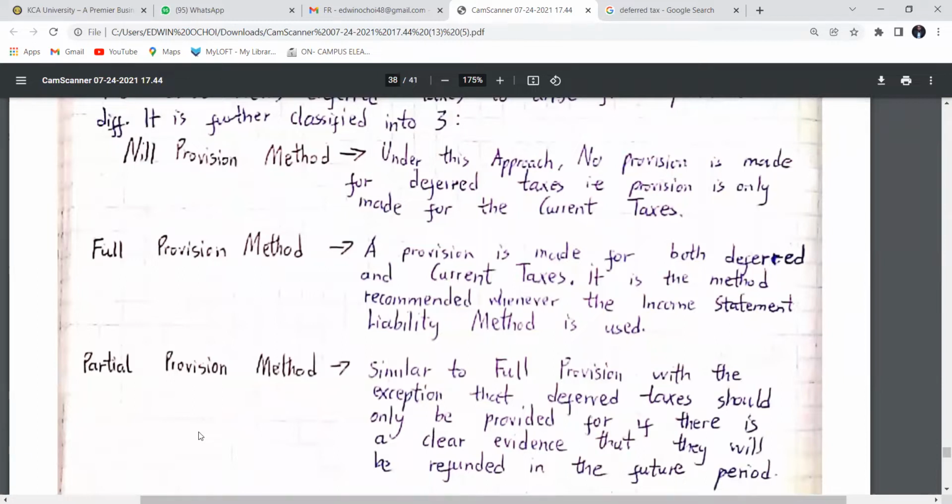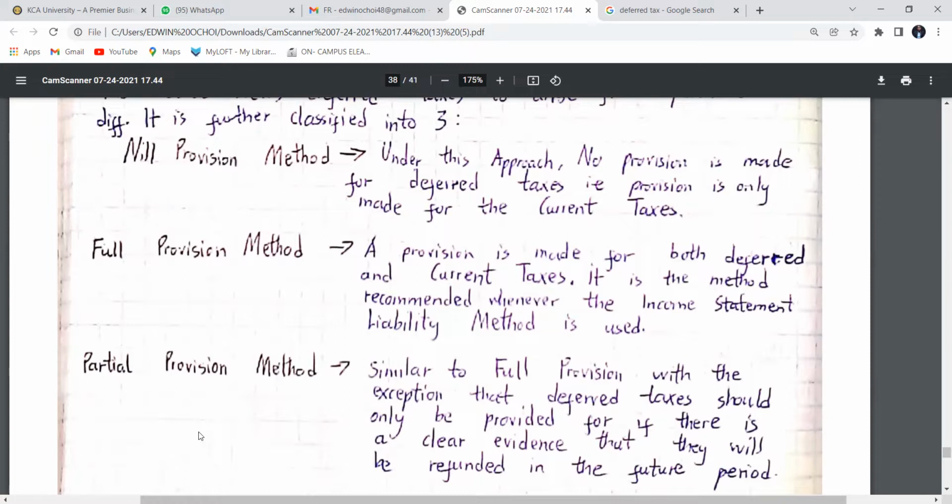Provision is only made for current tax. When we talk about full provision, provision is made for both deferred and current tax. So in a scenario whereby you are told to use the income statement liability method, you go and use the full provision, because full provision at least makes provision for both deferred and current tax.